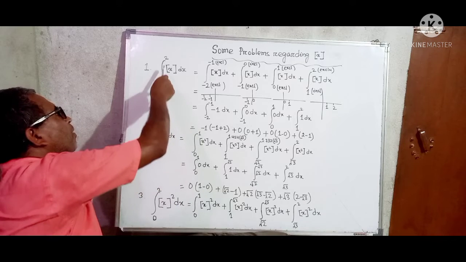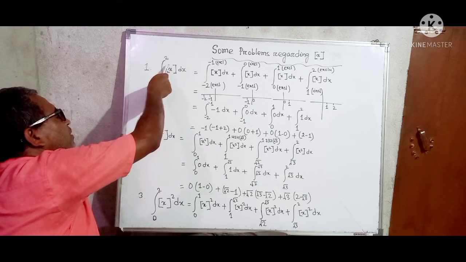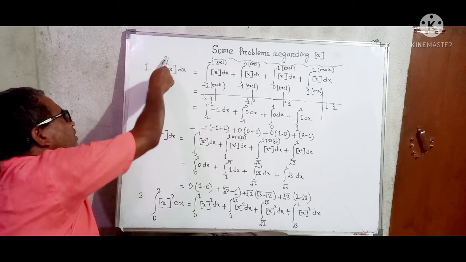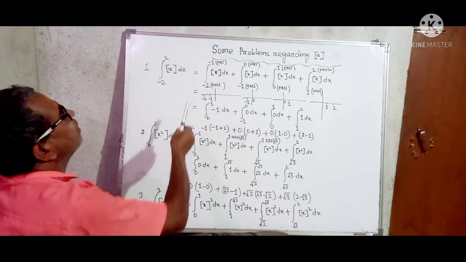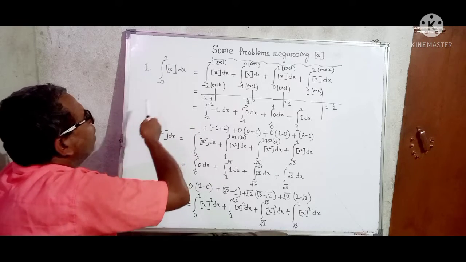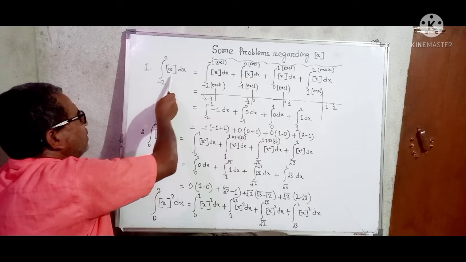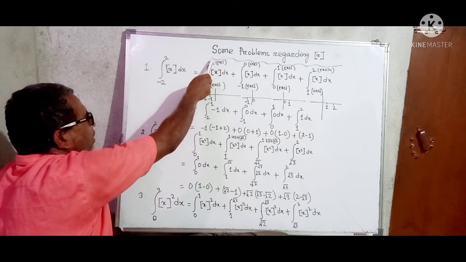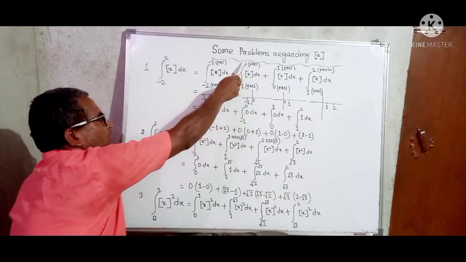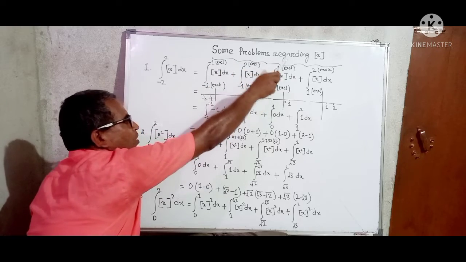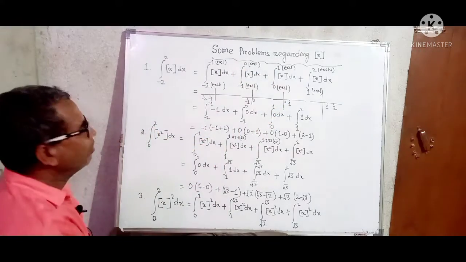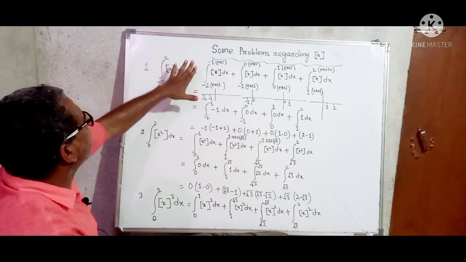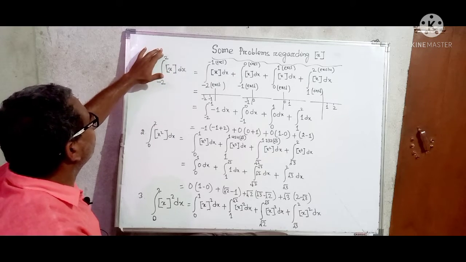You see, find the value of this greatest integer function integral from -2 to 2, lower limit and upper limit. Here you will have to split this interval into -2 to -1, -1 to 0, 0 to 1, 1 to 2, because the function is not continuous from -2 to 2.